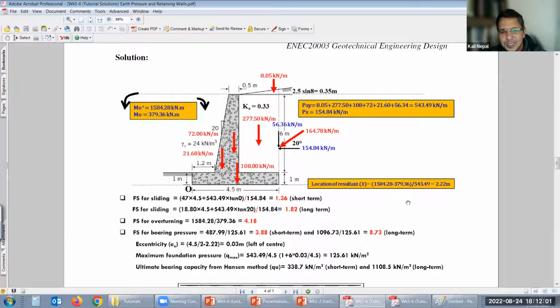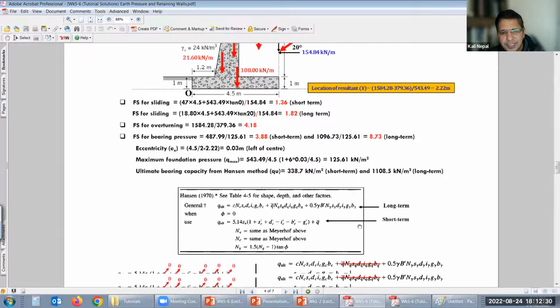One thing we need to understand is that for short term, the factor of safety, phi would be 0. That means in the short term the soil is saturated, so the friction angle we assume is 0, but there will be a cohesion. For the long term, because it will drain out, it will have both C and phi. That's the concept, but the problem is very simple.